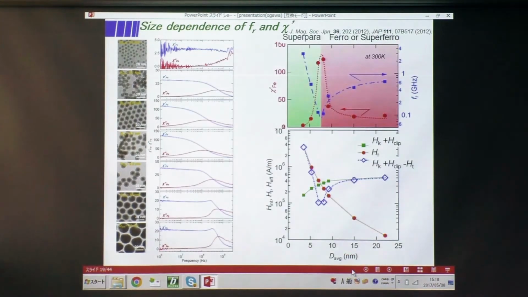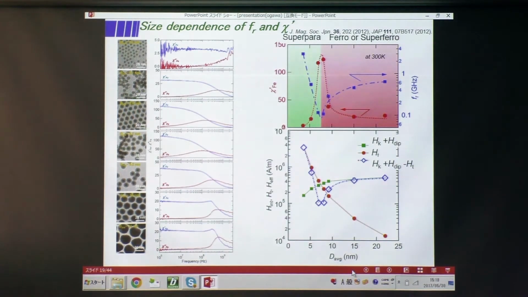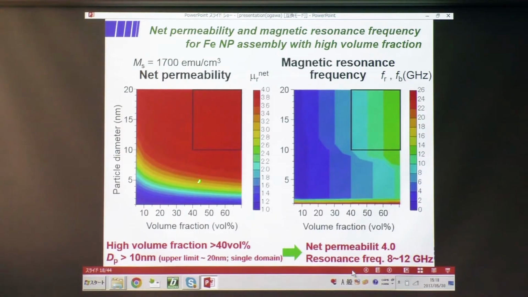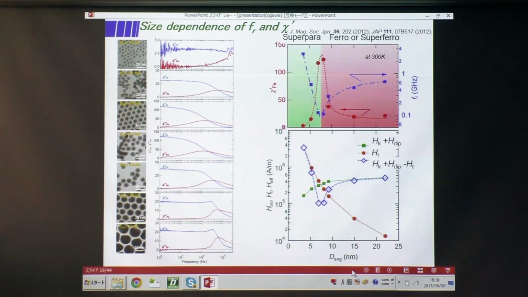And based on these results, we checked the size dependence of FR and magnetic susceptibility as a function of the size of the iron nanoparticles. The packing fraction is changed by changing the size of the nanoparticles, so in this schematic view, like this direction. In this case, unfortunately, we can only observe a maximum resonance frequency of less than 1 gigahertz.